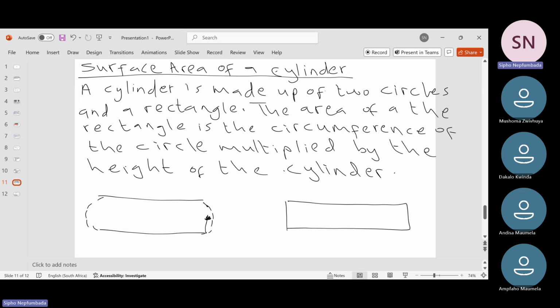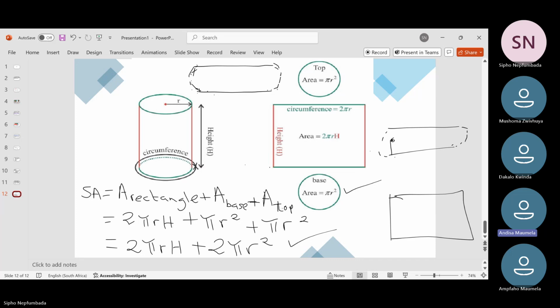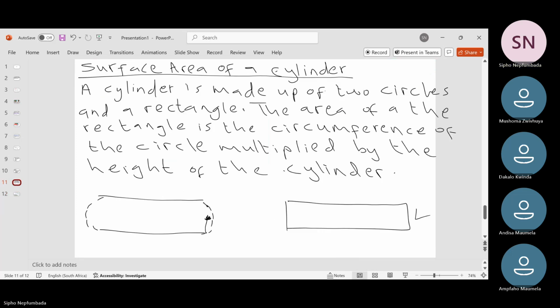The length of the rectangle is equal to the circumference of the circle. Why are we saying the length? Because it's the circumference. Did you get it? Can we proceed?